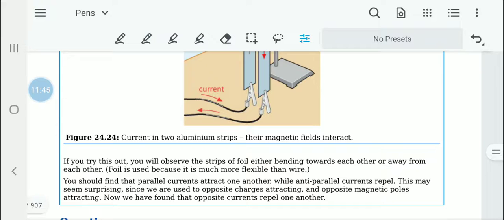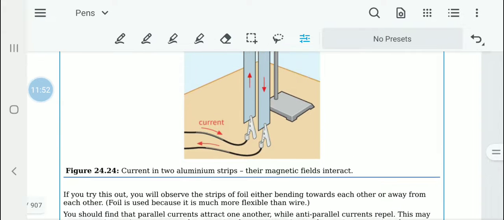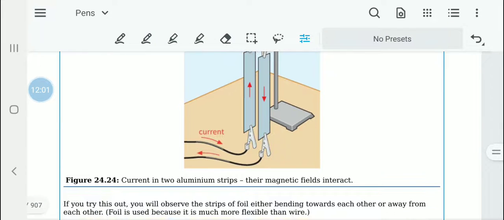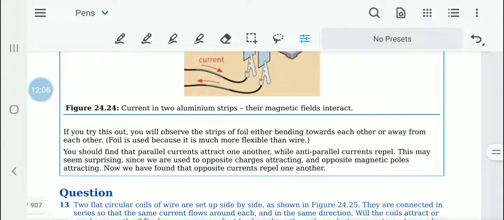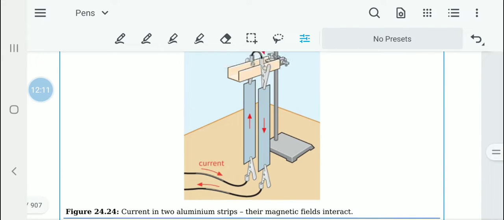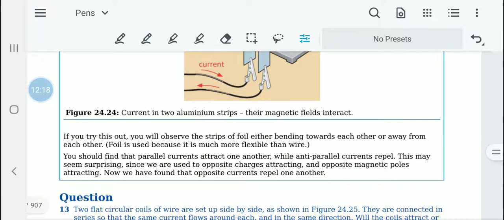Here opposite currents would repel one another, right? You can think of it in a simple way by looking at the diagram. The opposite currents repel, but the parallel currents attract. So in this situation, because they are anti-parallel currents, they would repel. I hope you understand that.